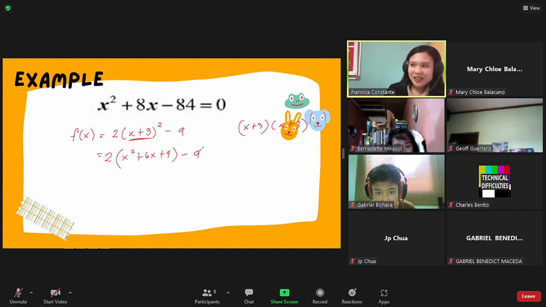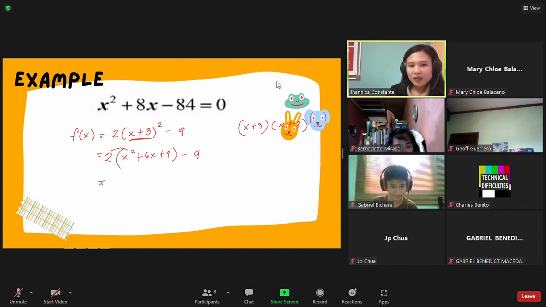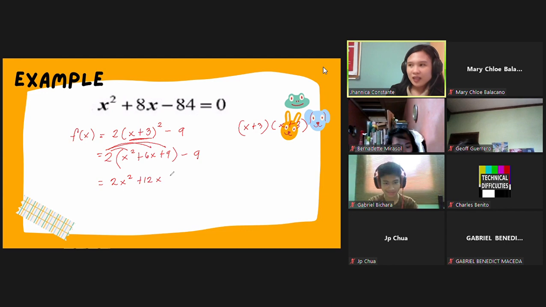Minus 9. Use the distributive property. 2 times x squared is equal to 2x squared. 2 times 6x is equal to 12x. 2 times 9 is equal to 18, minus 9.